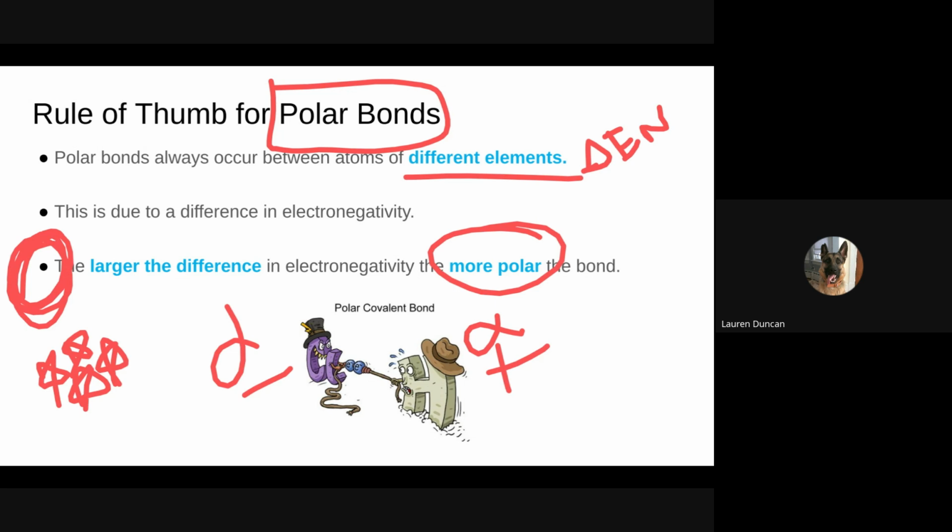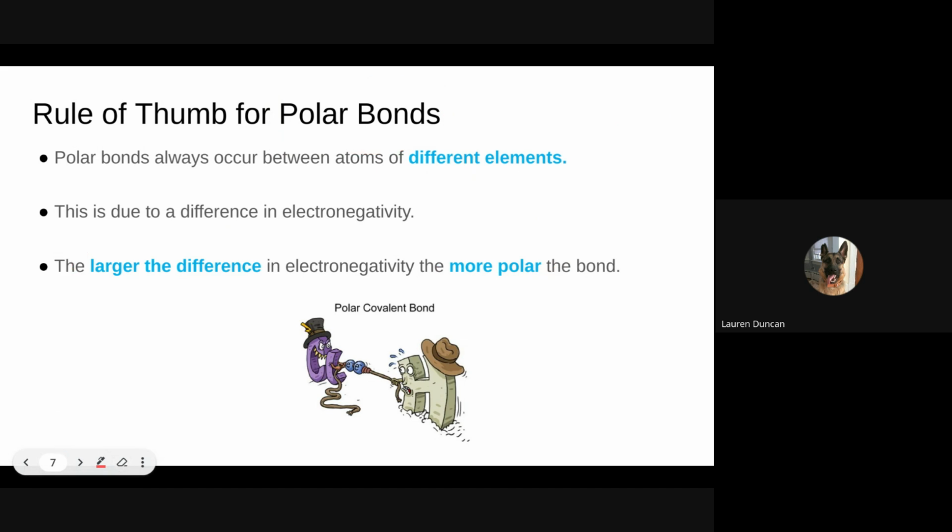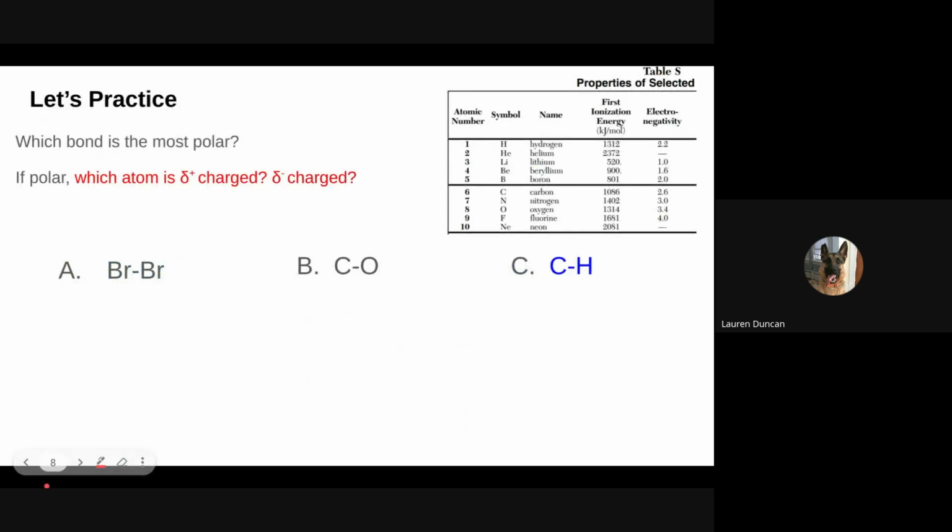And the reason why one bond would have stronger partial charges than some other bond is because there's a bigger difference in electronegativity in those bonding atoms. So basically, the bigger the difference in electronegativity, the more polar the bond becomes. That's what this bullet's all talking about. The bigger the difference in the ability of the atoms to attract those bonding electrons, the more polar the bond.